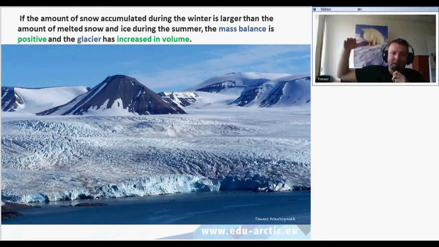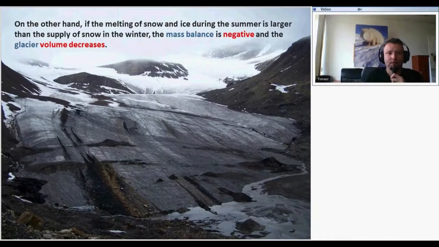So the ELA will be lower, the mass balance will be positive, and the glacier will increase in volume, so it will grow bigger. On the other hand, if melting of snow and ice during summer is larger than the supply of snow in winter, the mass balance will be negative, and the glacier volume will decrease. So the glacier will shrink.